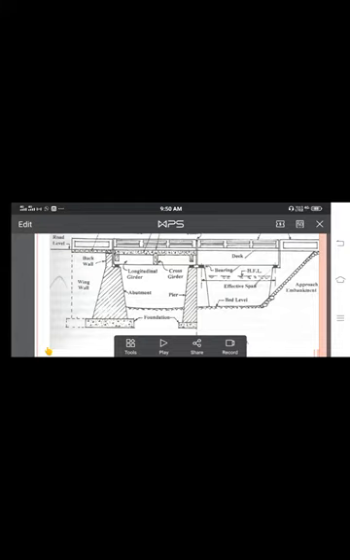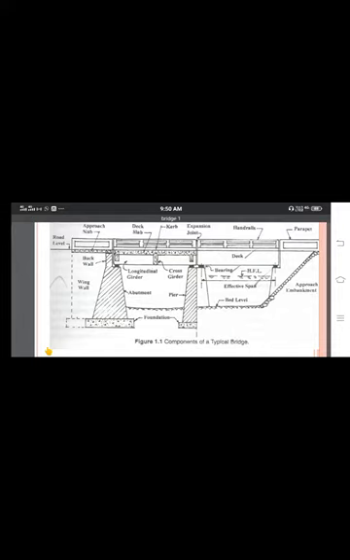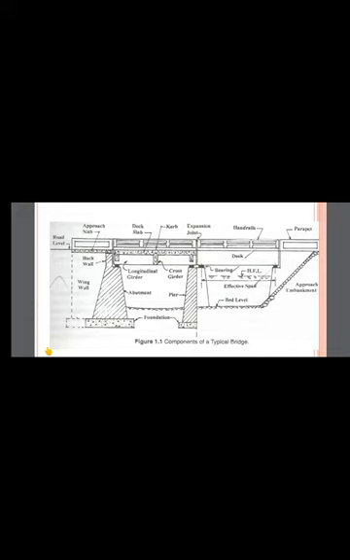Okay, the bearing is a little bit flexible. Whatever vibrations are generated, those vibrations are absorbed by this bearing. So it is placed above the piers or abutments. Clear?